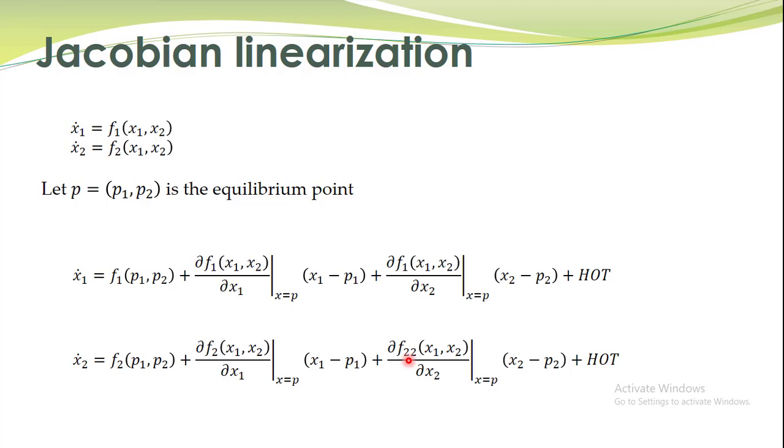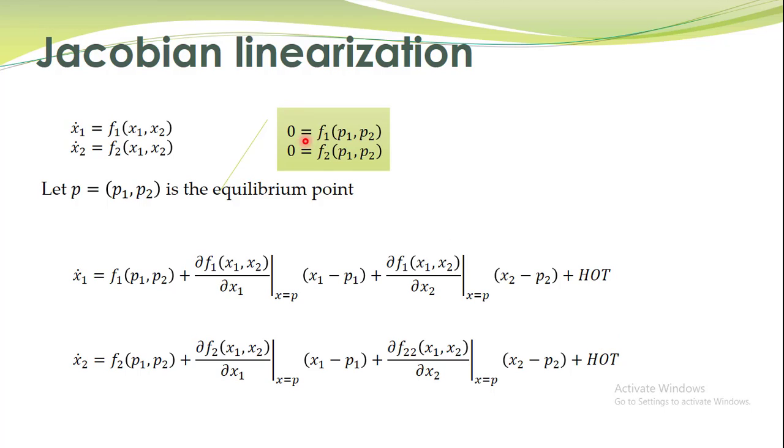This is not f22, it is f2. Its partial derivative with respect to x2, evaluated at the equilibrium point, multiplied by x2 minus p2, and higher order terms. So you are already familiar with the Taylor series expansion of nonlinear functions.